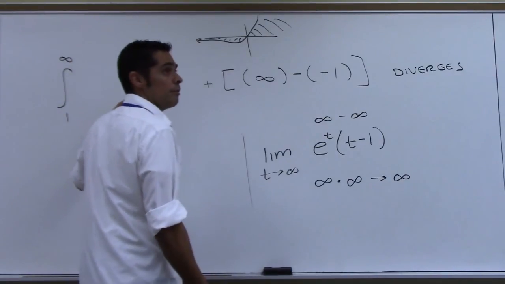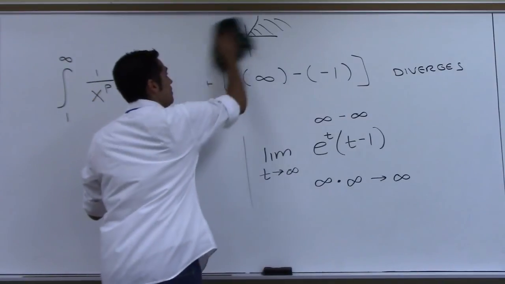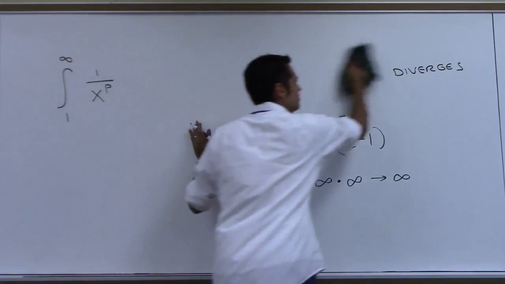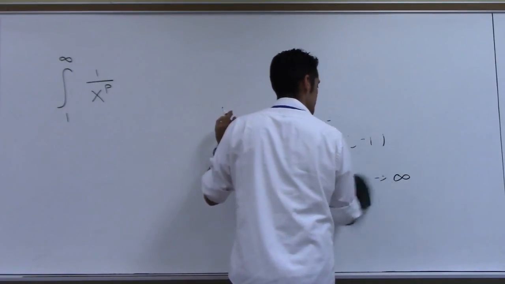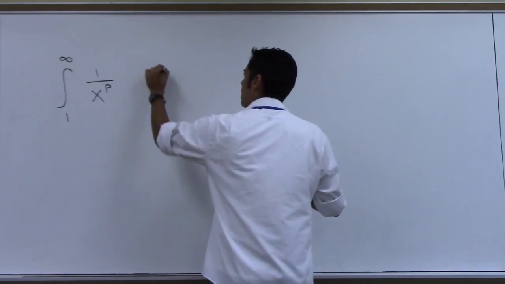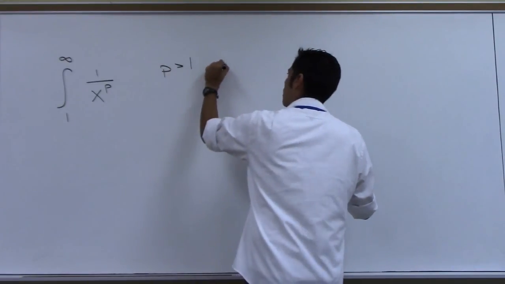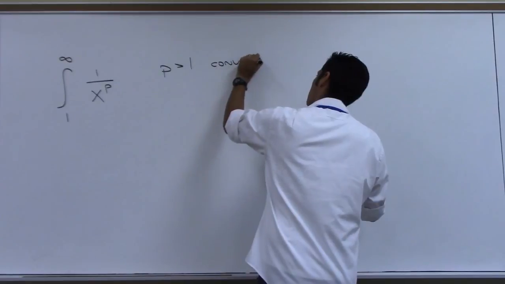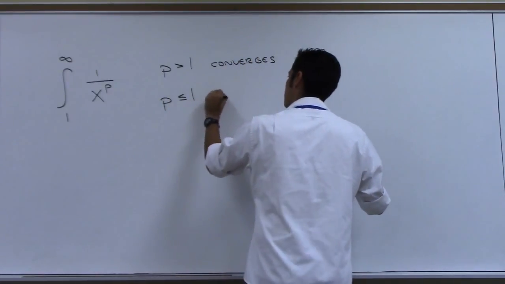Anytime you do an integral from 1 to infinity of 1 over x to a power, so we're using p as power, if p is greater than 1, it converges. If p is less than or equal to 1, it diverges.